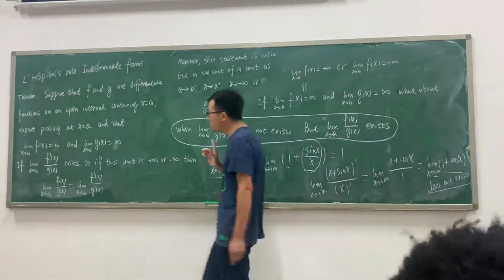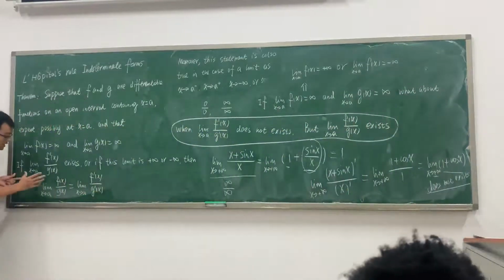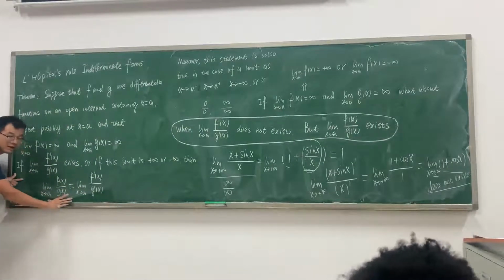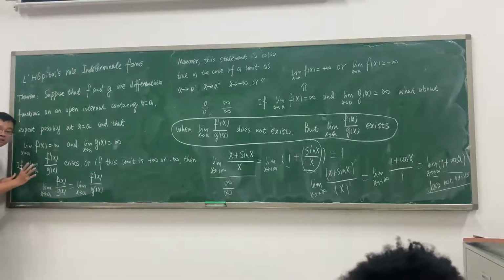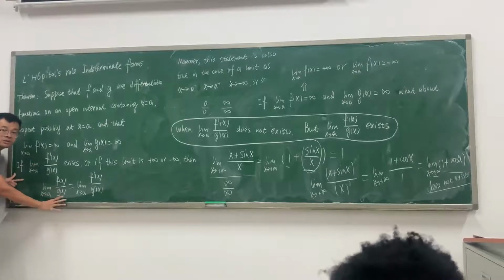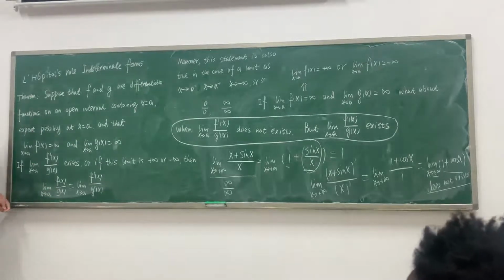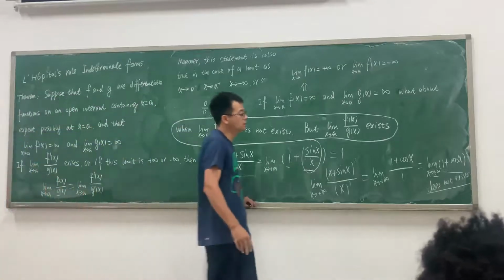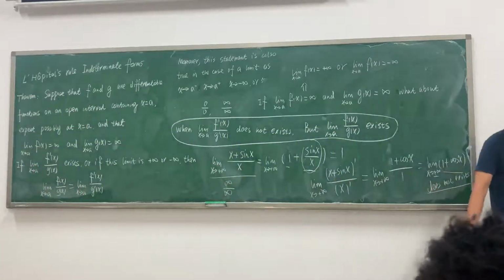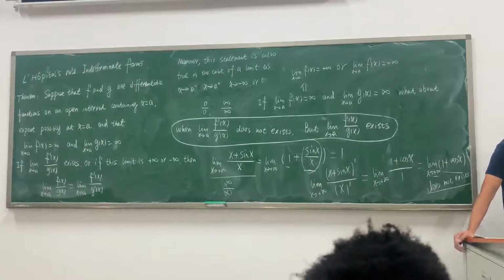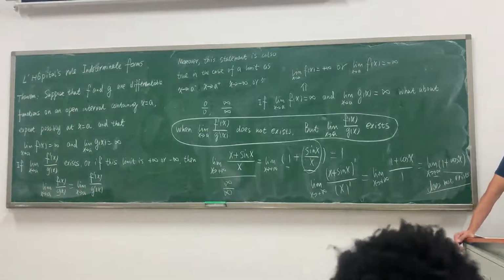So this conclusion means that if the limit of f prime by g prime exists, they are the same. If this limit does not exist, we do not have this conclusion, okay? So I think that is enough. We begin at 4, okay?